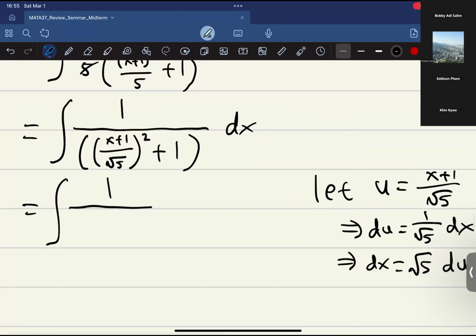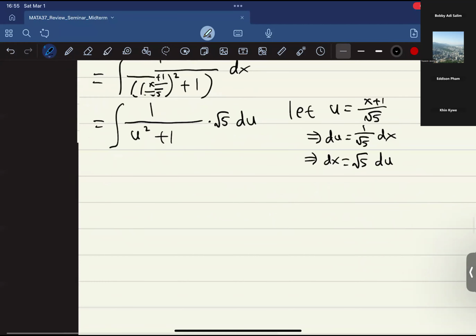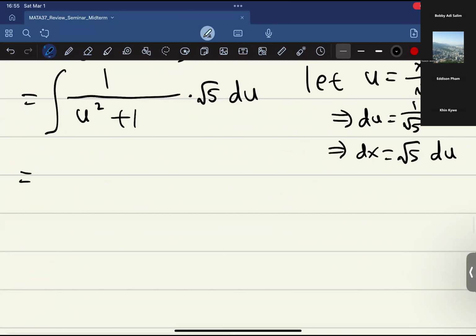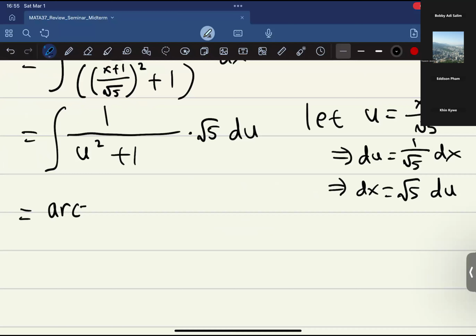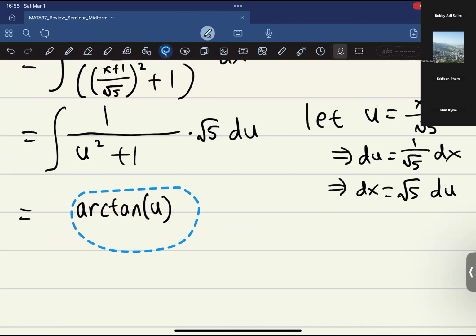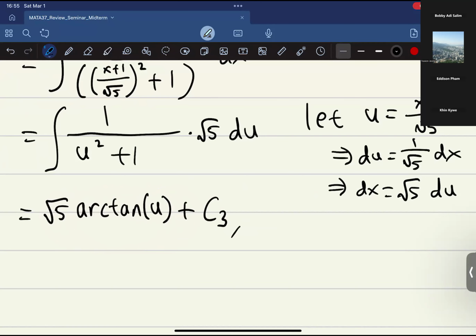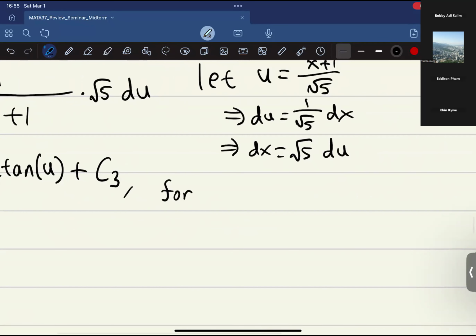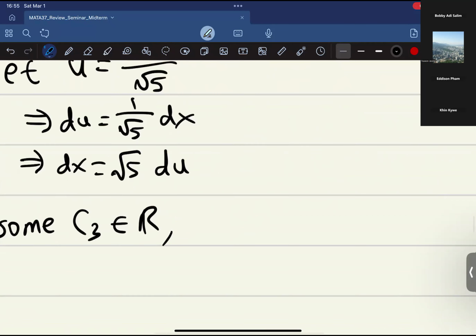So this is equal to 1 over u squared plus 1 times square root of 5 du. And by inspection, this is equal to arctan of u times square root of 5. I'm just gonna put it in front. Plus C3 for some real C3.